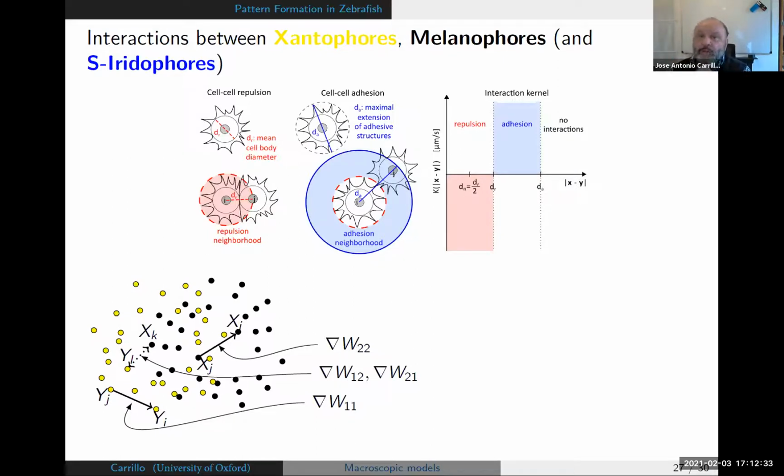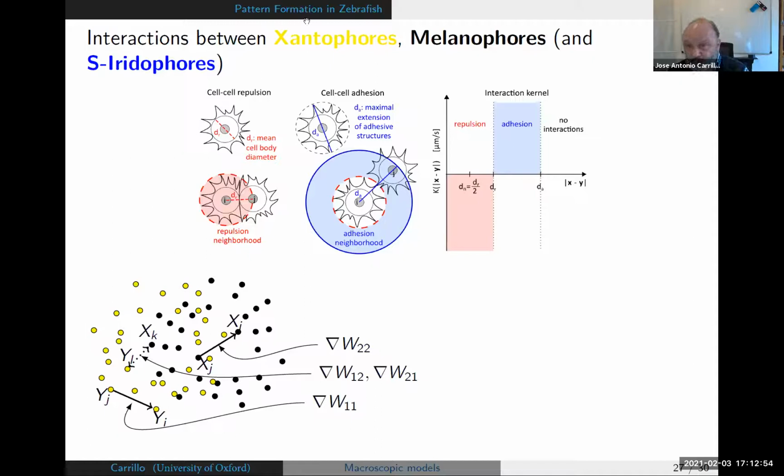It is well known by the groups of biologists working on this for many, many years that there are mainly three types of cells, so you can distinguish at least three categories, three families of cell types that are involved.